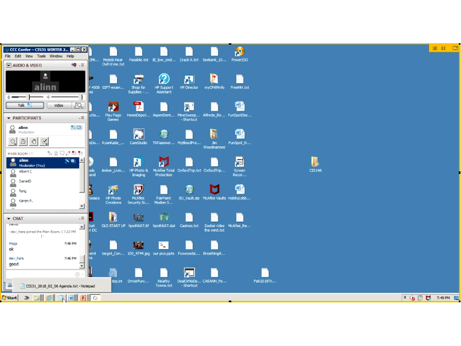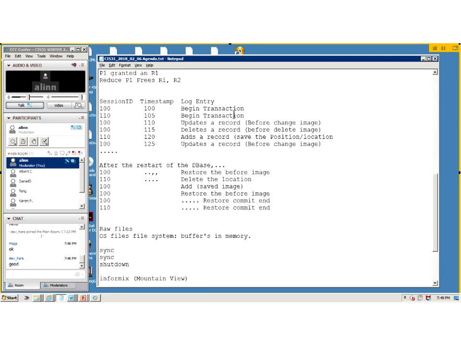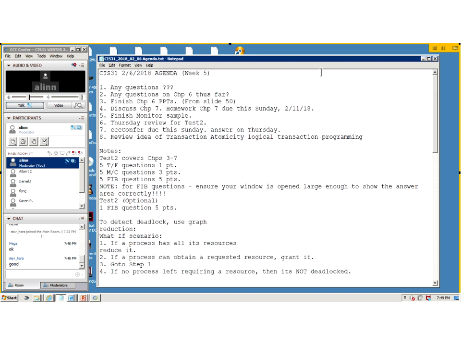I just want you to understand the concept of what atomic transactions mean. It's a mechanism to recover in case a failure occurs. So it's that all or nothing, and I think it was a question on Chapter 6, so that you could pick up that knowledge.